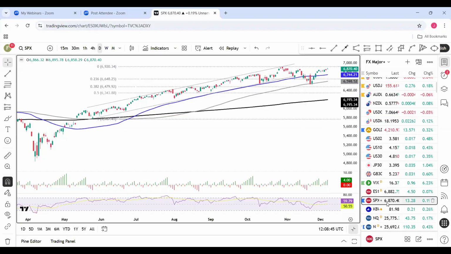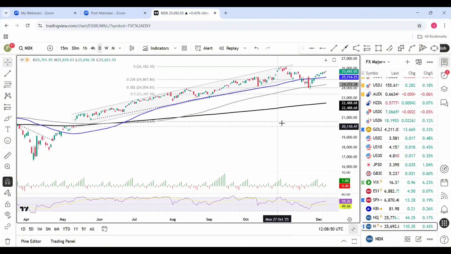I said we would look at the projections as well. Before we get to that, just the other charts. The Nasdaq, you can see a similar decent rebound, just a little bit of pausing with narrow range days, with the record high at 26,182.